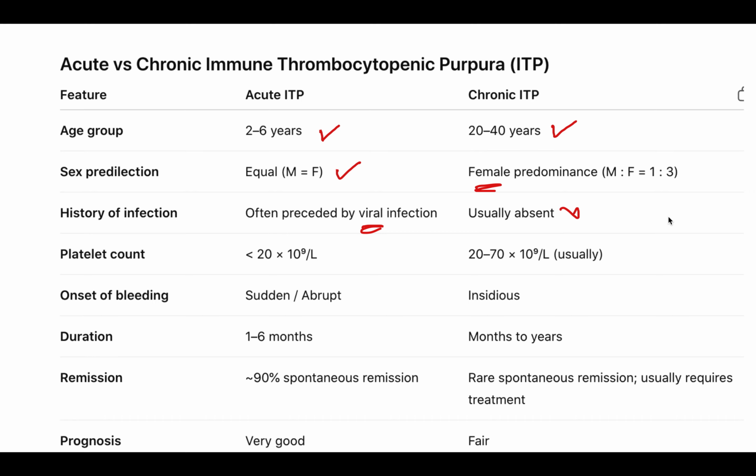Platelet count is mostly very low in acute, but in chronic it is around 70,000. Onset of bleeding is sudden in acute, while in chronic it is insidious and remains for around 6 months. Acute is a self-limiting condition that automatically gets corrected, while chronic lasts months to years and usually requires treatment. Prognosis in both cases is mostly okay.